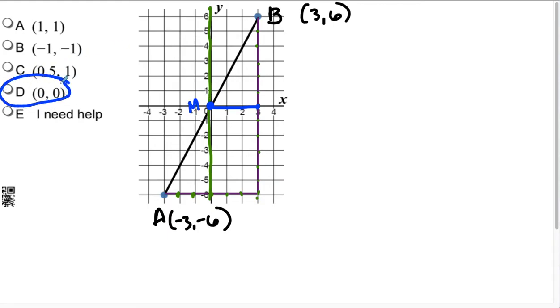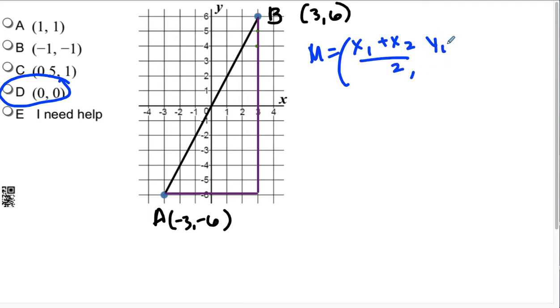All right, now I'm going to clear that up, and I'm going to use the formula. So now the formula is m equals x sub 1 plus x sub 2 over 2, and then y sub 1 plus y sub 2 over 2.